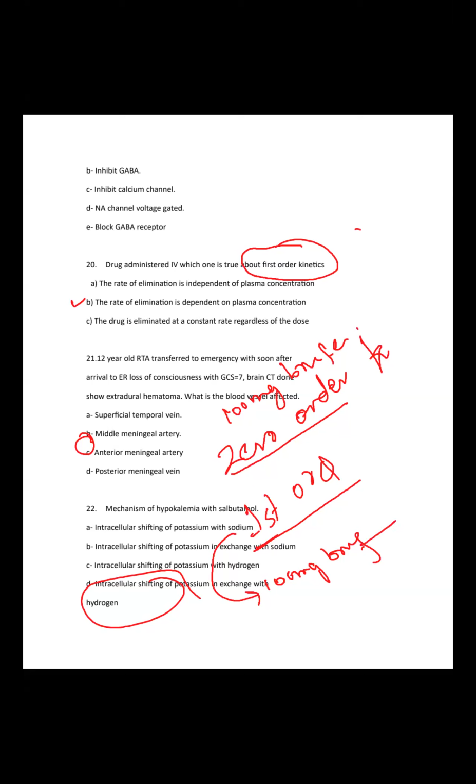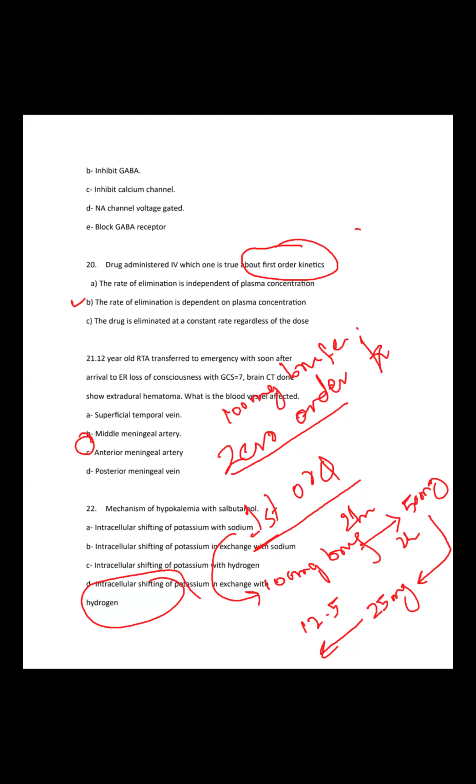If the half-life of brufen is, let's assume, 2 hours, then after 2 hours 50 mg will be removed from your body. Then after another 2 hours, 25 mg will be removed, so every 2 hours you are removing half of the drug. Then 12.5 mg will be removed.